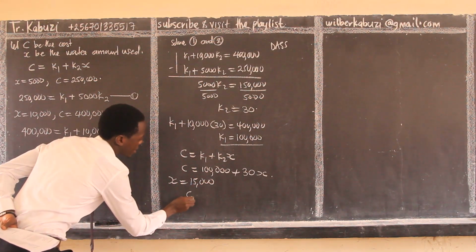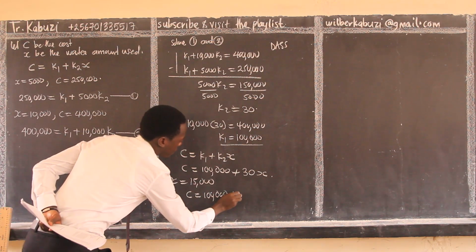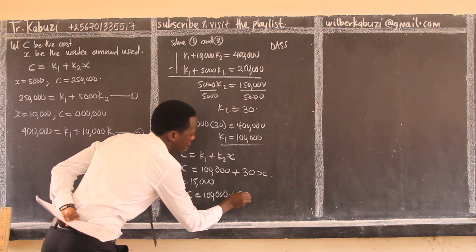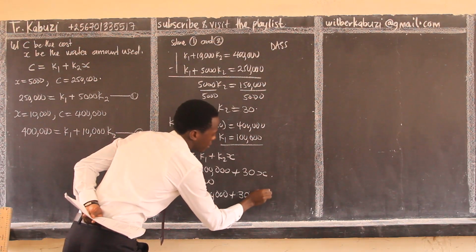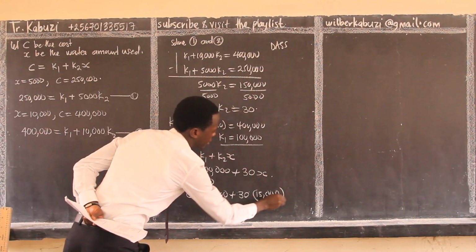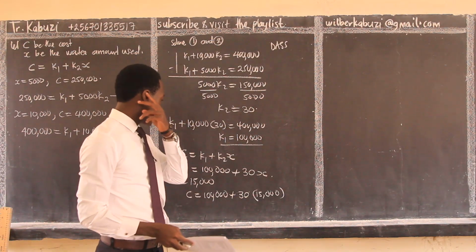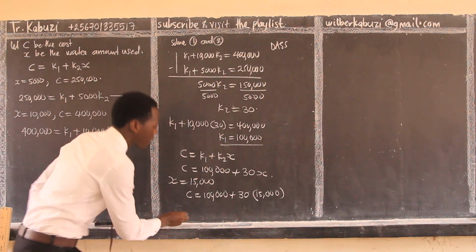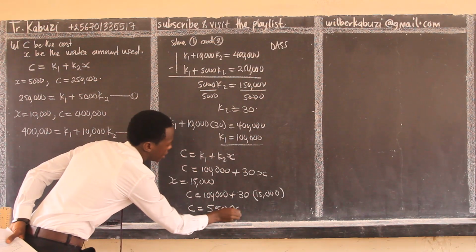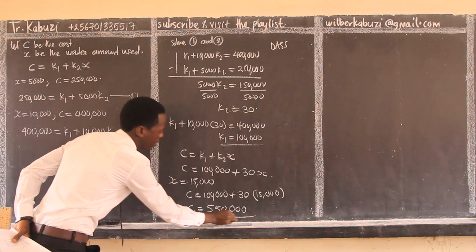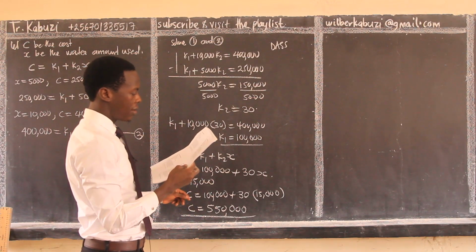The cost will be 100 plus 0.03 into 15,000. Of course, this will give us 450 plus this, so our cost will equal 550. That will be the cost of using 15,000 liters of water.